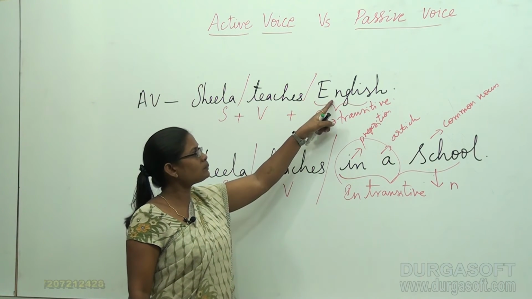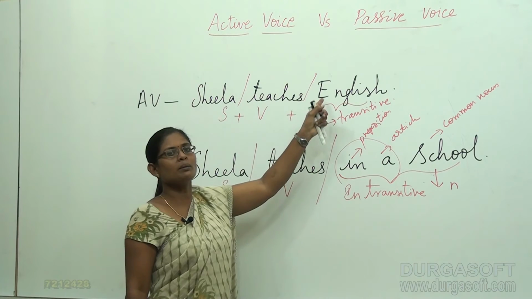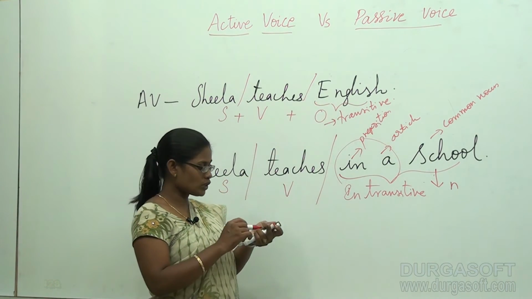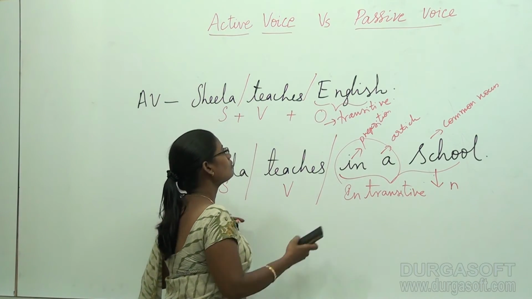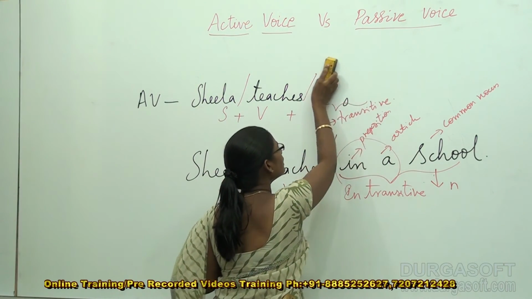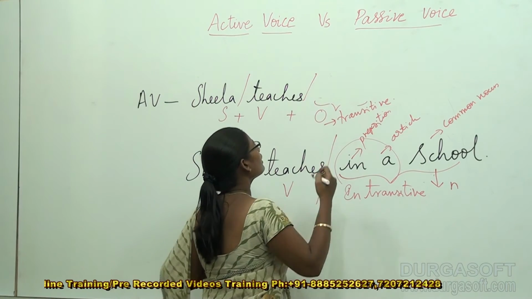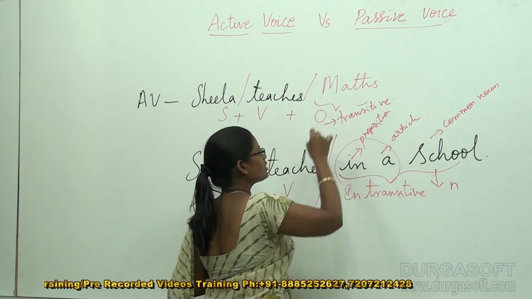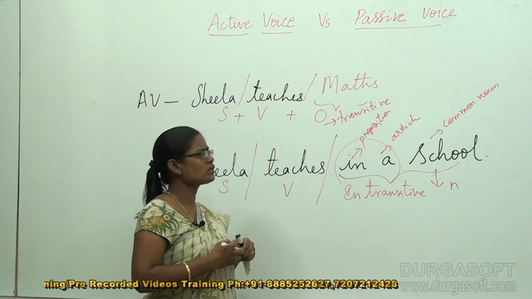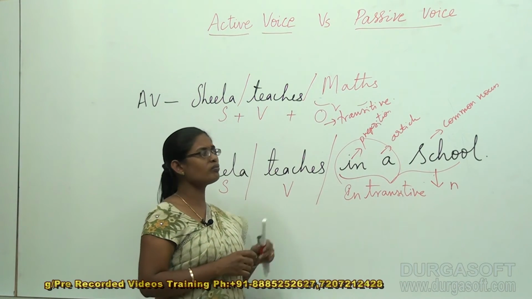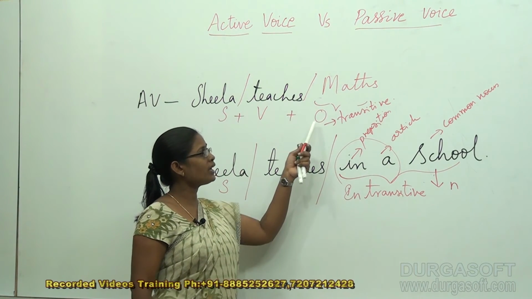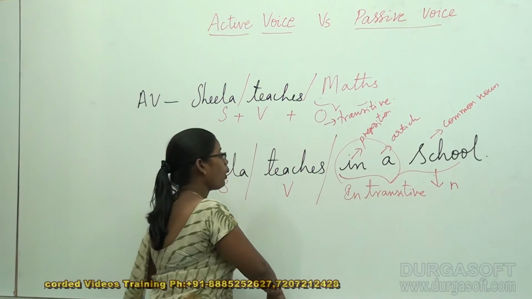So in its place, I can put some other thing. Sheila teaches English. Instead of English, I can remove English and put maths, physics or something else. So I call this part of my sentence transitive, and as a whole I have named it an object.